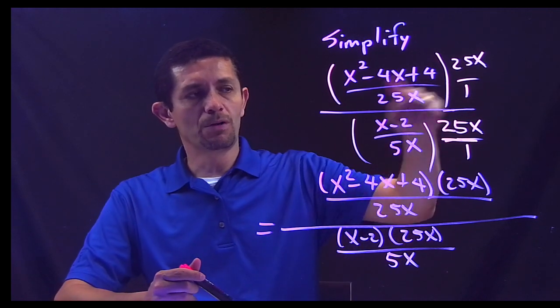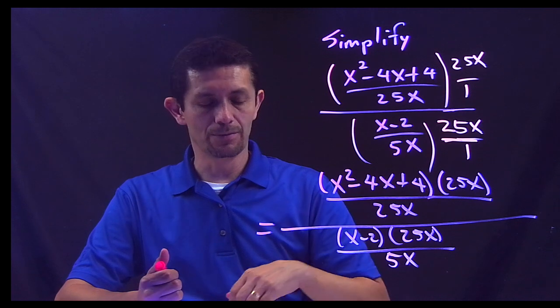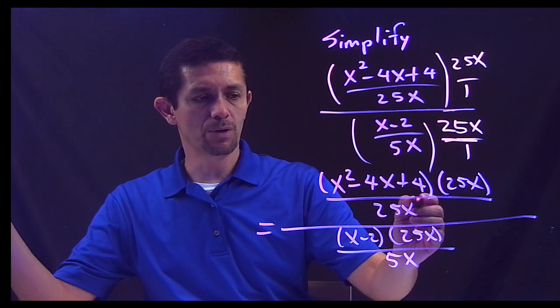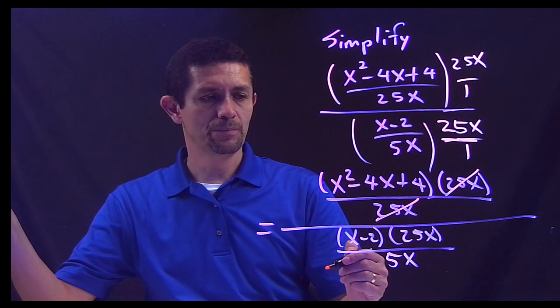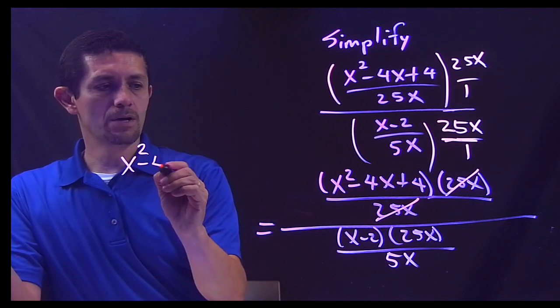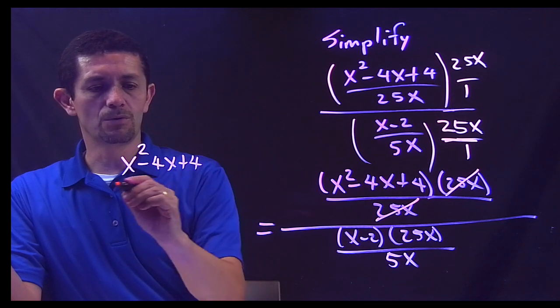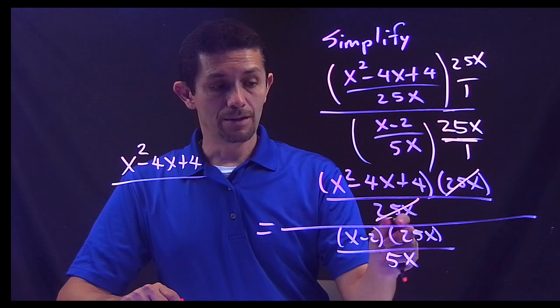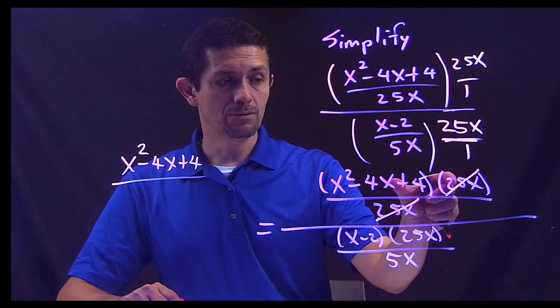Now I didn't want to multiply all that because I'm going to cancel stuff. If you see, I have 25x on the top, 25x on the bottom, so those two cancel out. And all I have left is x squared minus 4x plus 4 over. On the bottom, these two are multiplying.